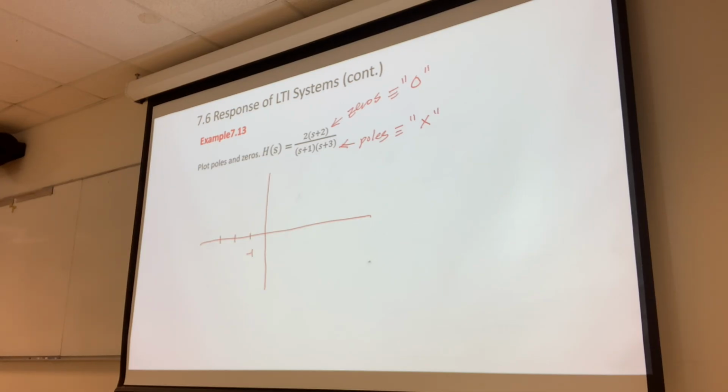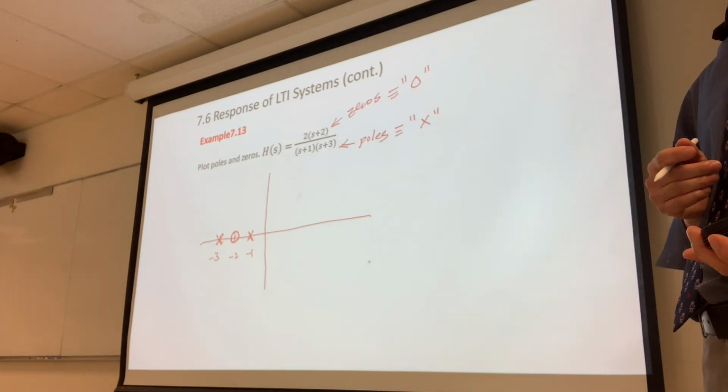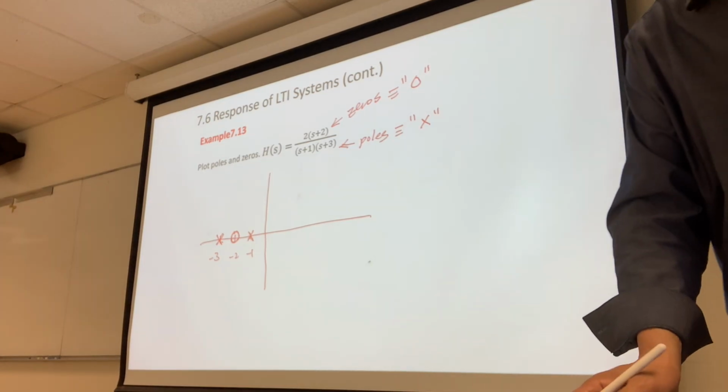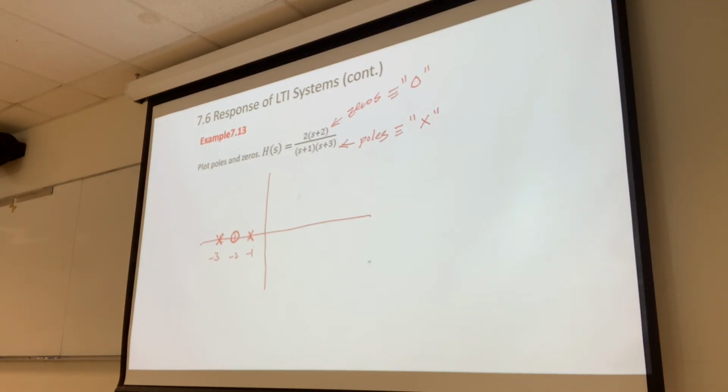So negative 1, negative 2, negative 3. Negative 2 is a zero, and negative 1 and negative 3 are the poles. That's it. In the control class, based on a sketch of these poles and zeros, you should be able to identify whether this transfer function is stable or not.